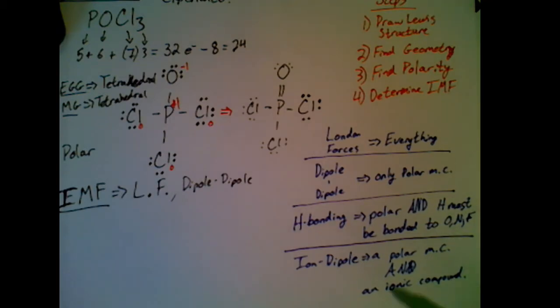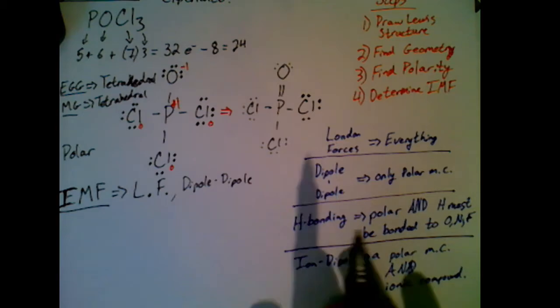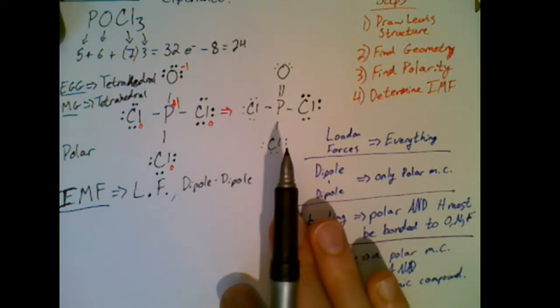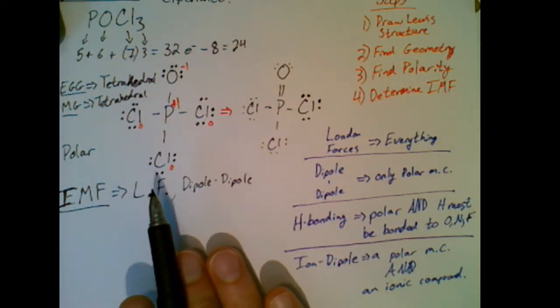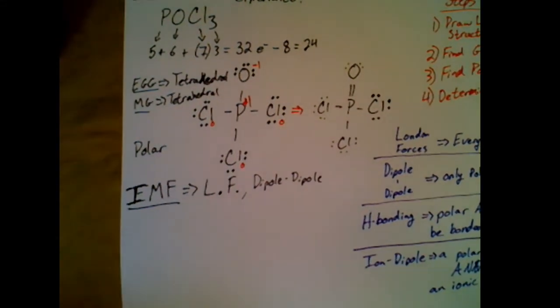And it doesn't have an ion because it's not a mixture, it's just one substance. So what this molecule would experience, if you just had a container of POCl3, is London forces and dipole-dipole forces.